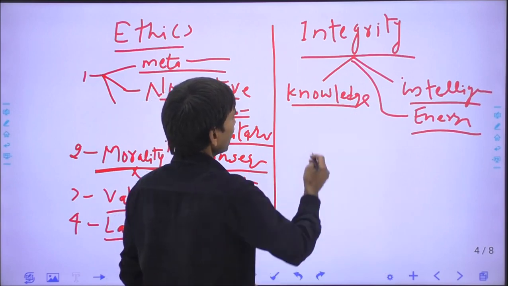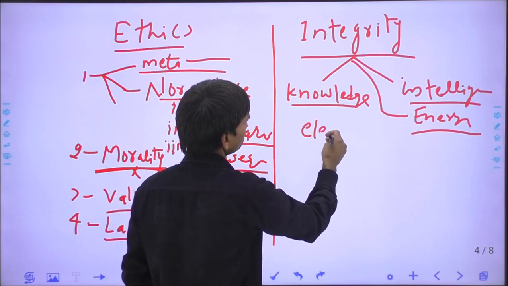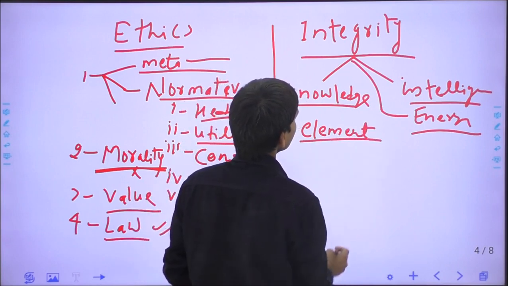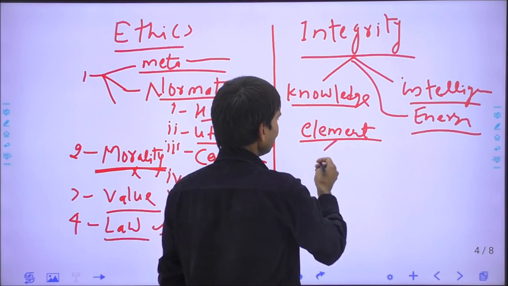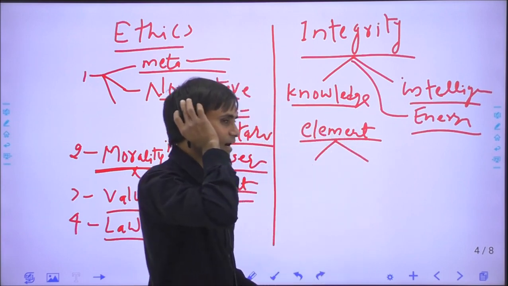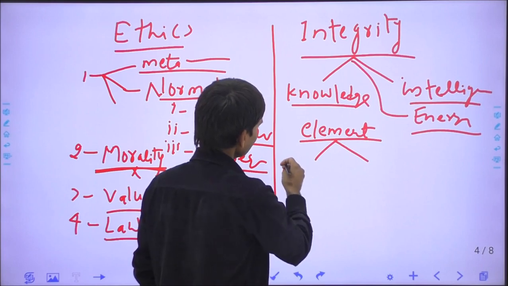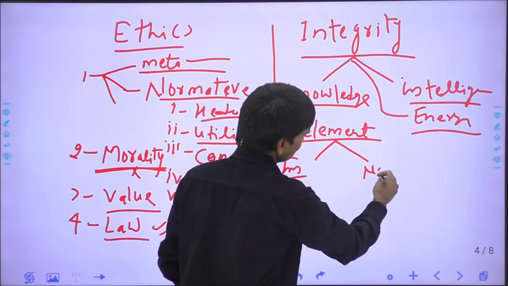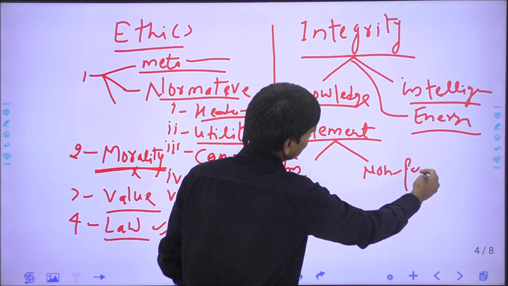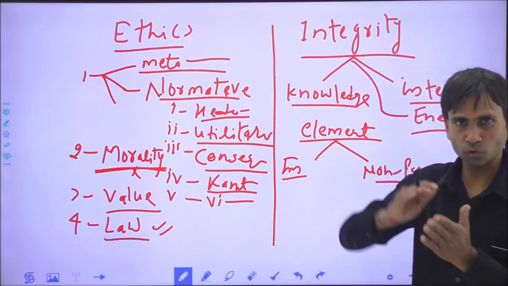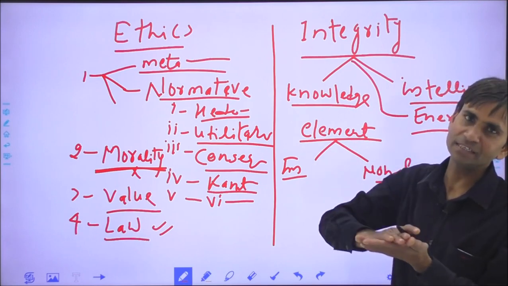Second, the elements of integrity. What are the elements of integrity? They are mainly related to impartiality or non-partisanship. Non-partisanship and impartiality are the two main elements on which integrity depends.